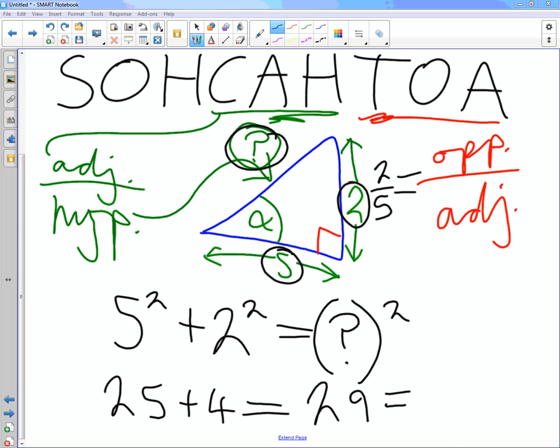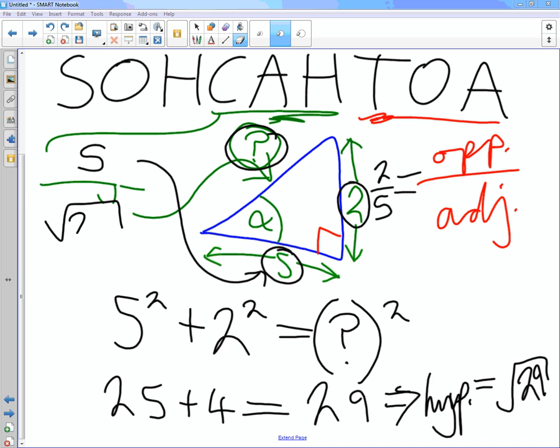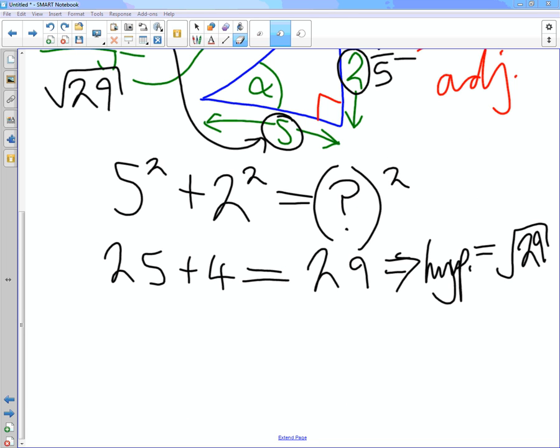So our hypotenuse is the square root of 29. Now, that means that we've still got our adjacent side, 5. Our hypotenuse is the square root of 29. So we can say that cos alpha equals 5 over the square root of 29.